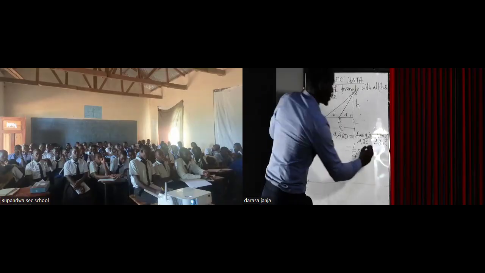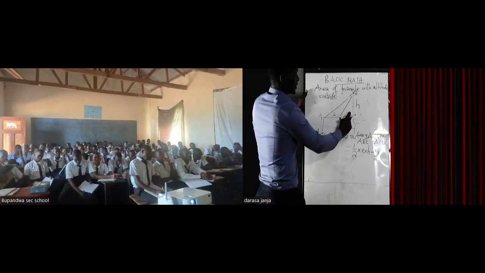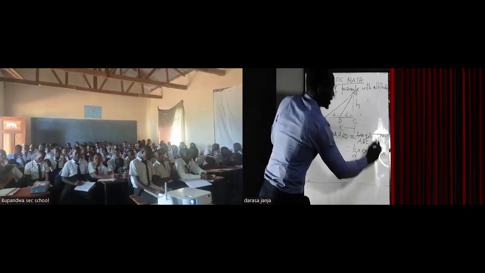My small triangle here is half times base. The base of this small triangle is the distance from here to here, which is D. I'm speaking about this triangle. So I'm taking this D and applying the common H. For this case, the area becomes half.